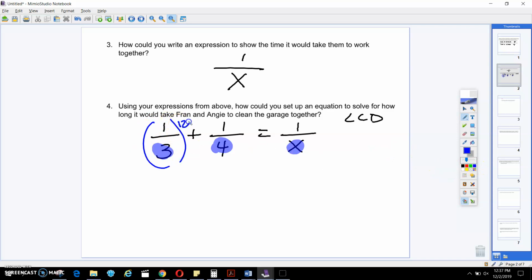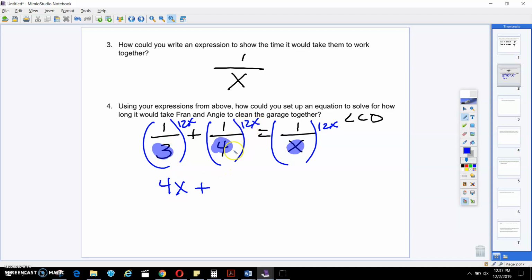So we're going to multiply each of these fractions by 12x. Okay, because that's going to give us the least common denominator. So if I simplify this one, I'm going to get 12x over 3. That's going to give me 4x.